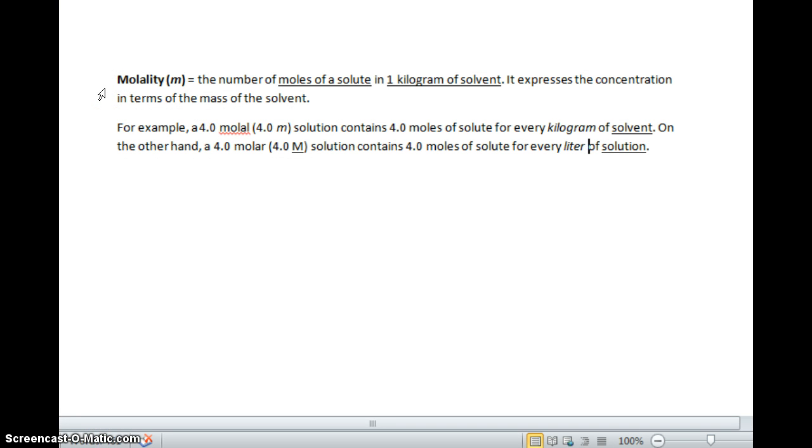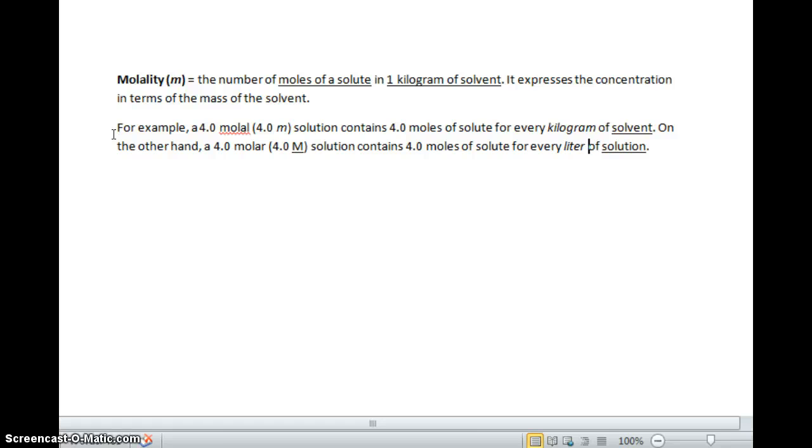So I added to our notes, molality, lowercase m italicized, equals the number of moles of solute in 1 kilogram of solvent. It expresses the concentration in terms of the mass of the solvent. For example, a 4.0 molal solution contains 4 moles of solute for every kilogram of solvent.